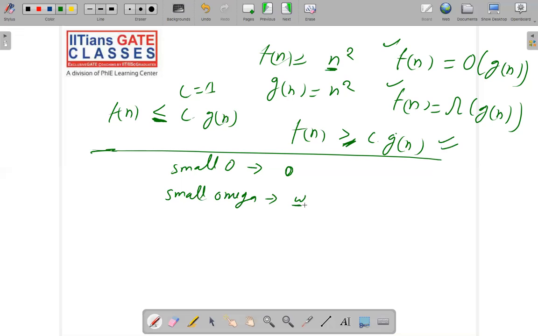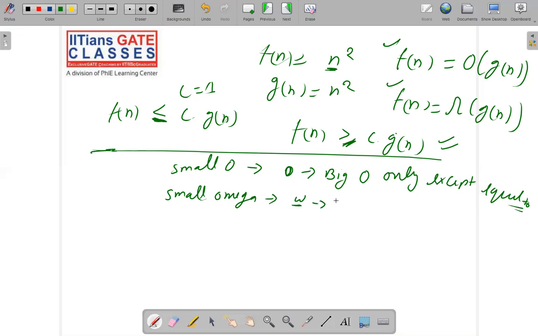Here, small o is big O only, except the equal to part.